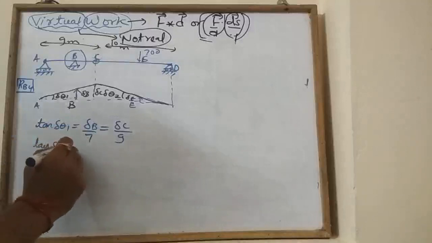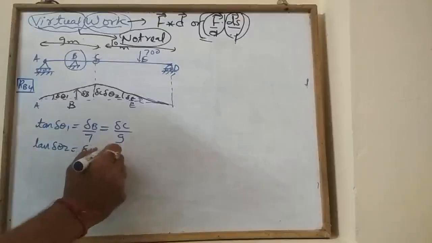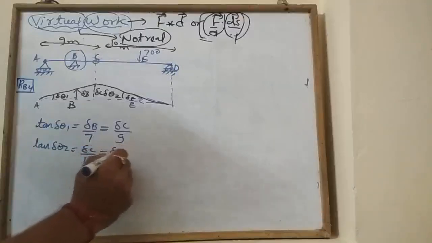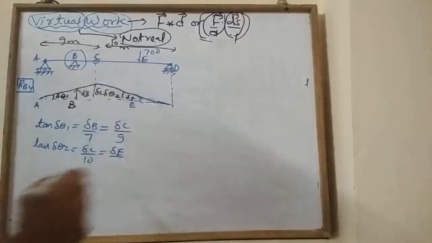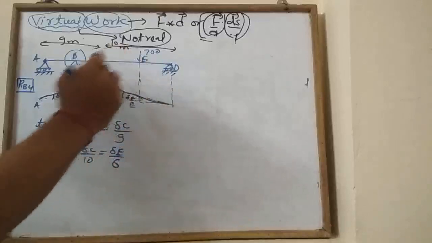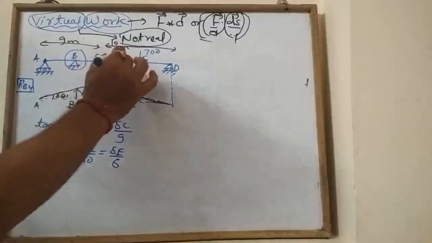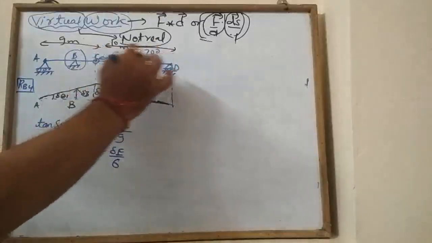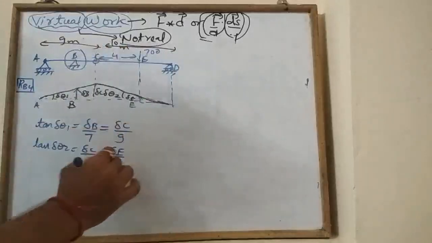Tan delta theta 2 equals delta C by 10 equals delta E by 6, because CE was 4, so ED will be 6.